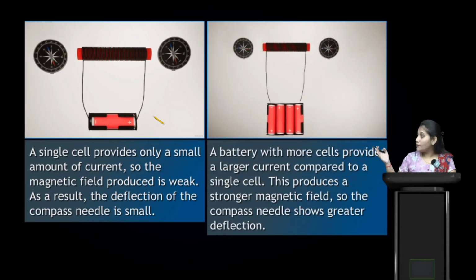Now what happened? A battery with more cells provides a larger current compared to a single cell. This produces a stronger magnetic field. So the compass needle shows greater deflection. But what happened in this case? In this case, we gave a battery with more cells.